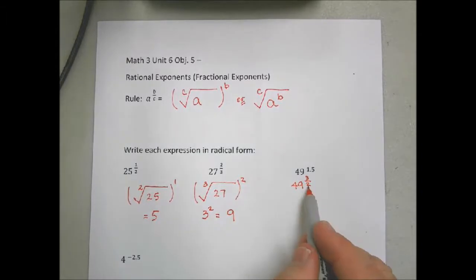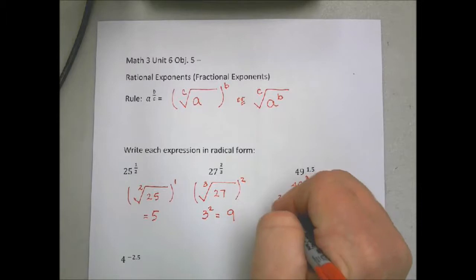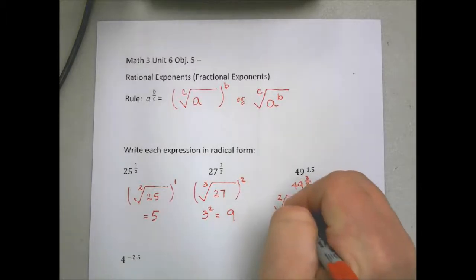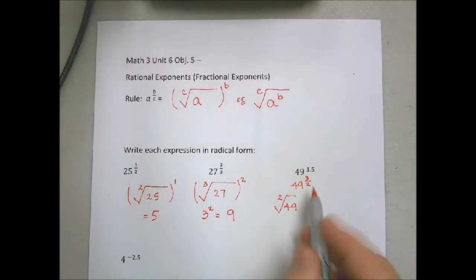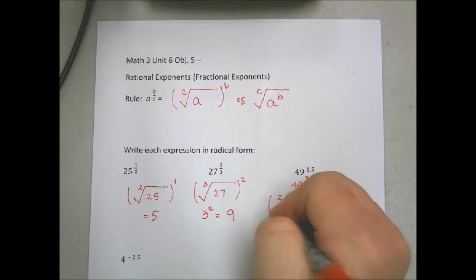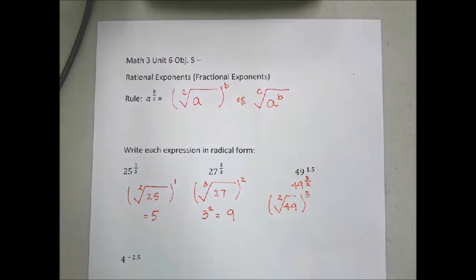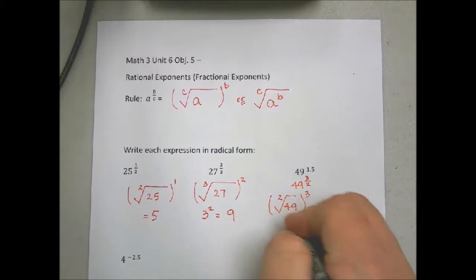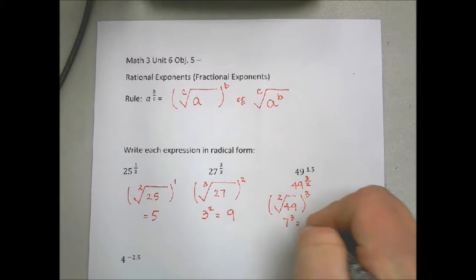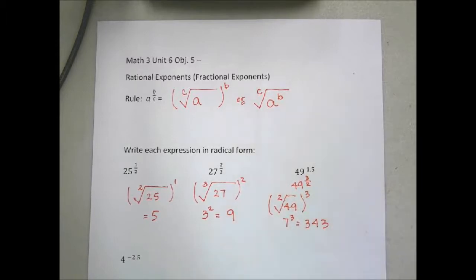And from here, that means this is the square root of 49, and then cube your answer. So that means the square root of 49 is 7, and cube your answer, and your answer is 343.